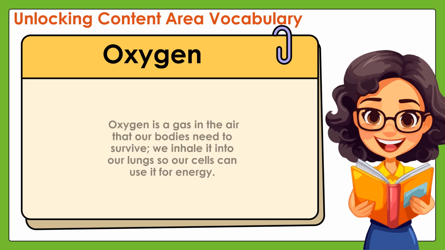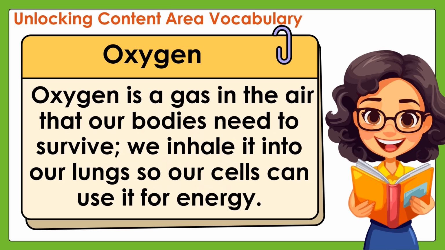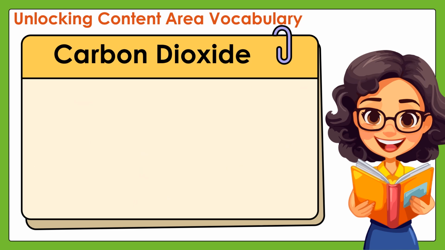Oxygen. Oxygen is a gas in the air that our bodies need to survive. We inhale it into our lungs so our cells can use it for energy. Carbon dioxide.